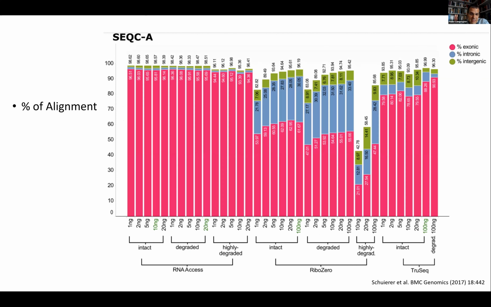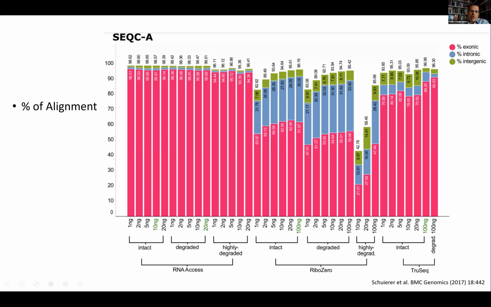And what they showed, and this is FFPE samples, right? The kind of sample we mostly work with. The exome-like capture was really the best approach for capturing exons. That's kind of intuitive, right? So we see here, pink is exonic sequences, blue is intronic sequences, and green intergenic sequences.